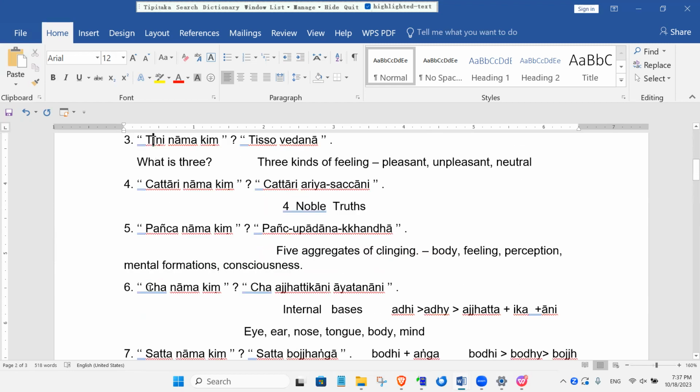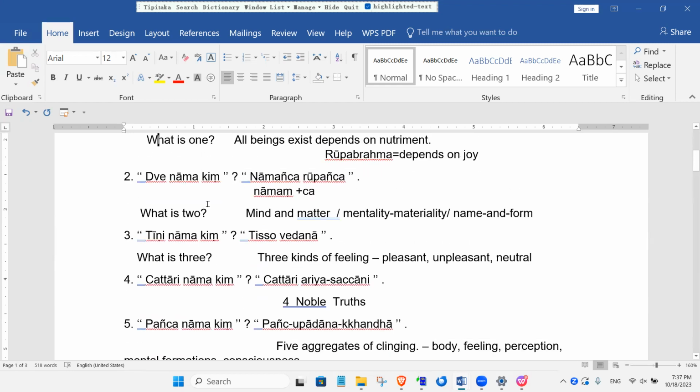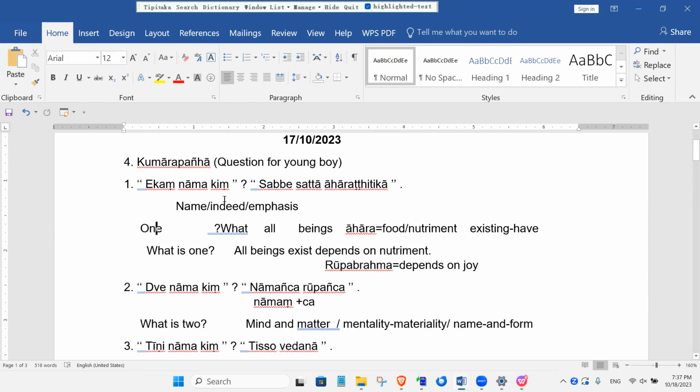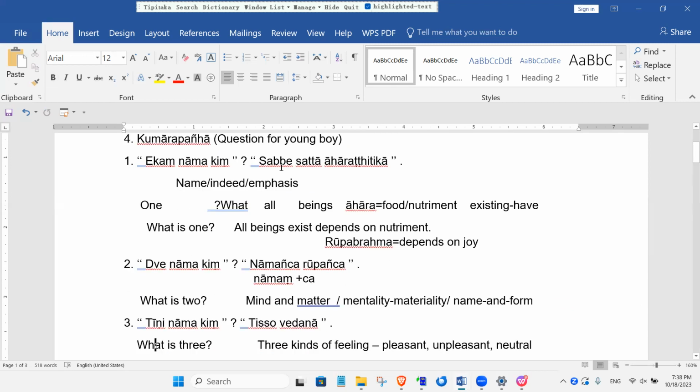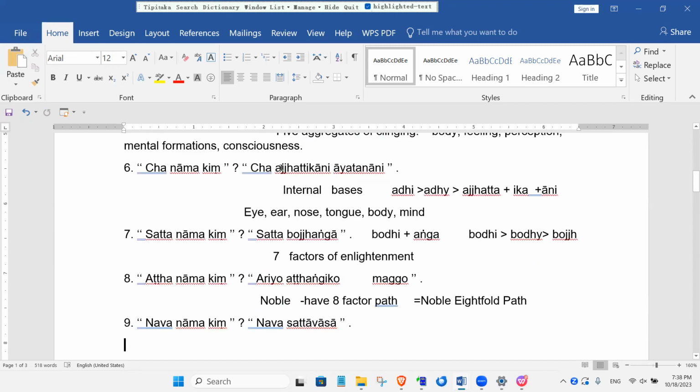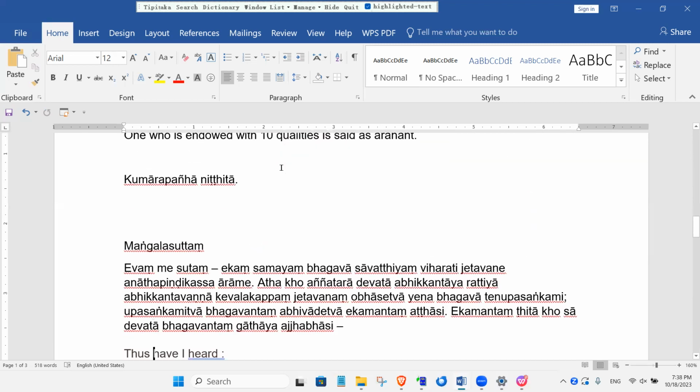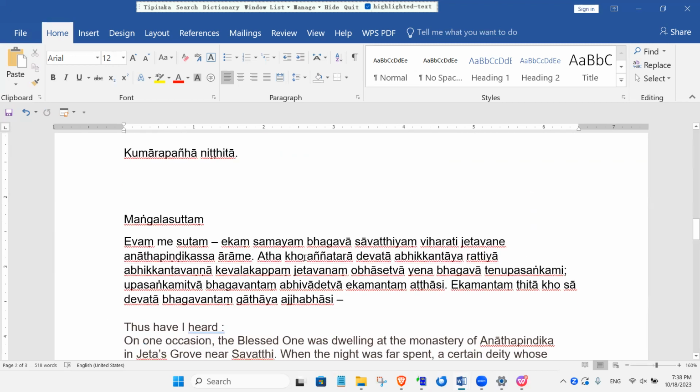For the young novice, they start by memorizing this because it's very easy, very short sentences. Kumara actually means boy, but here it means the young boy in the monastery, the Samanera. Okay, this one I think I will skip. Maybe next week I'll do it.